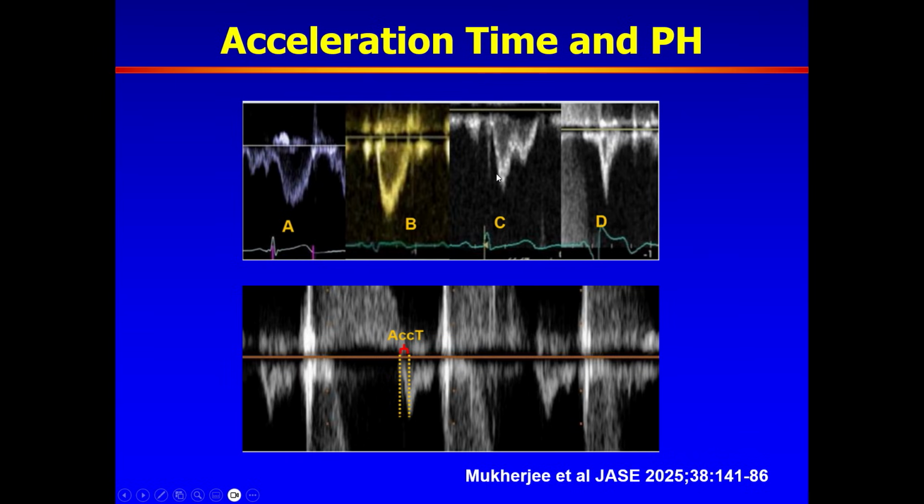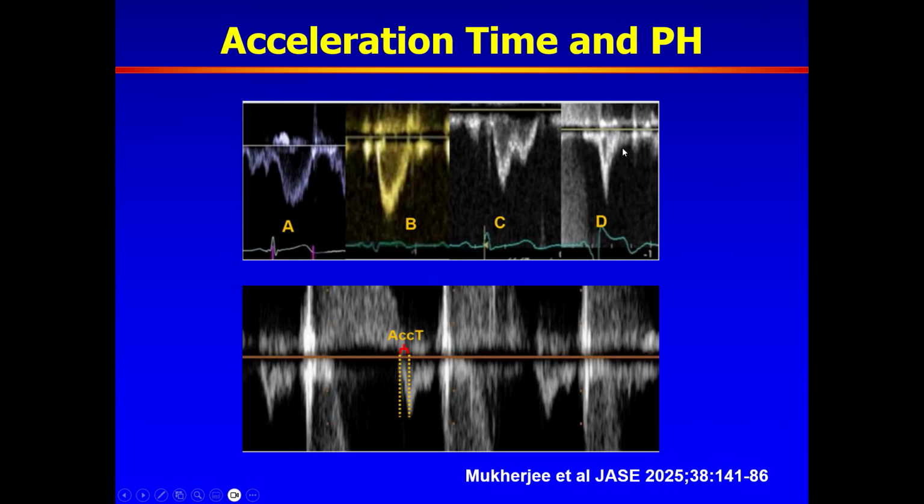Then with a good degree of pulmonary hypertension and high pulmonary vascular resistance, you can see this splitting, or W waveform, which is thought to be related to reflection of pulse waves through the pulmonary circulation.